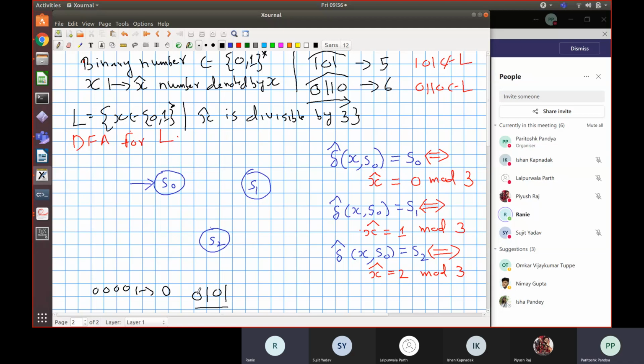So after processing string 0, 1, 0, 1, by this design, which state should we end up in? S0. Do you mean S0, S1 or S2? One of these three states you should be in, right? Yes, sir. So what is x hat? What is the remainder of this binary number when divided by 3?